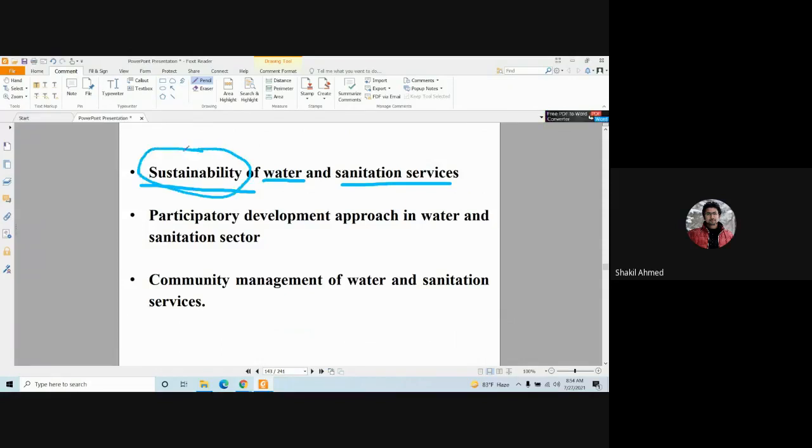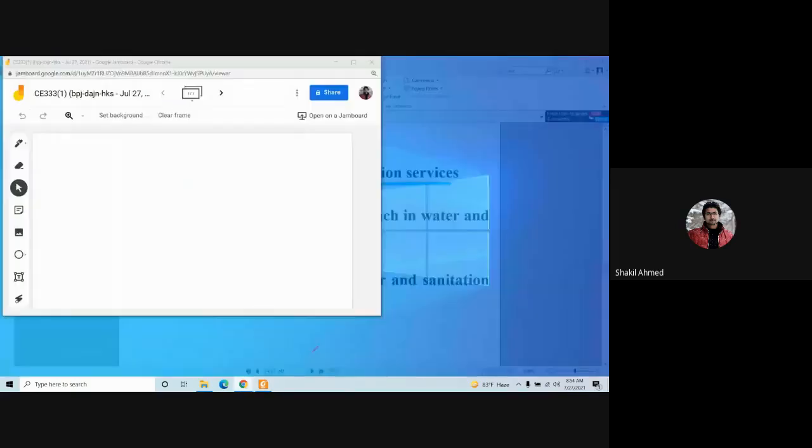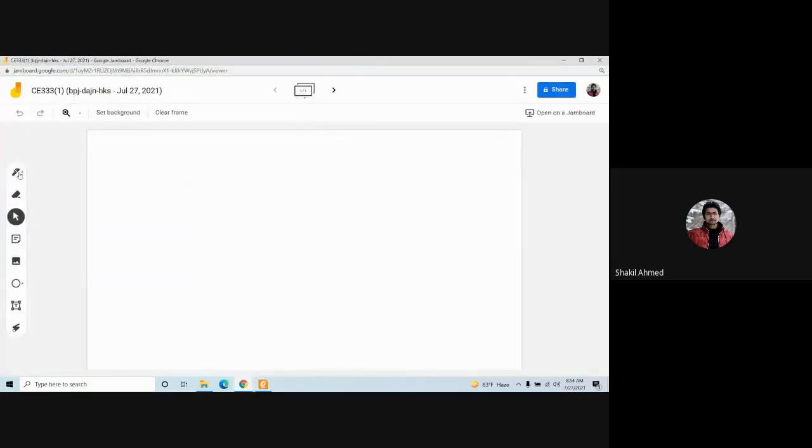Sustainability. Whenever we talk about sustainability, what do we think? What is this, guys? When you tell something is sustainable, what does that mean?